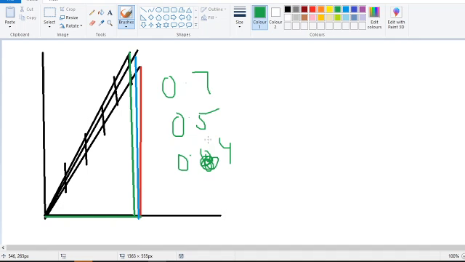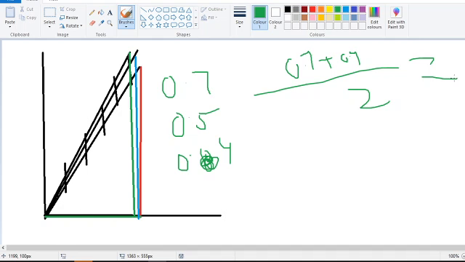For this, you'd do 0.7 plus 0.4 divided by 2 equals 0.55. So that would be the uncertainty here.